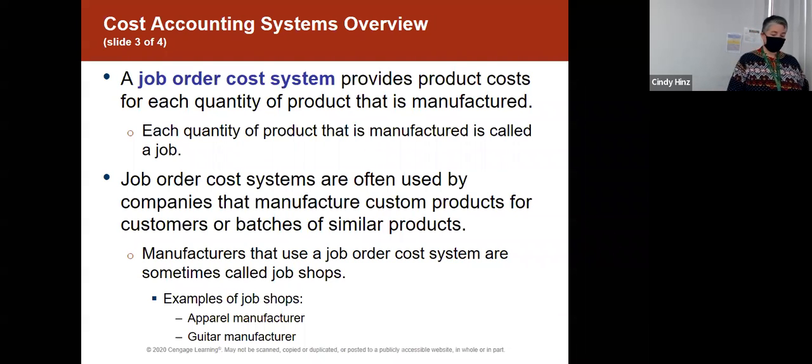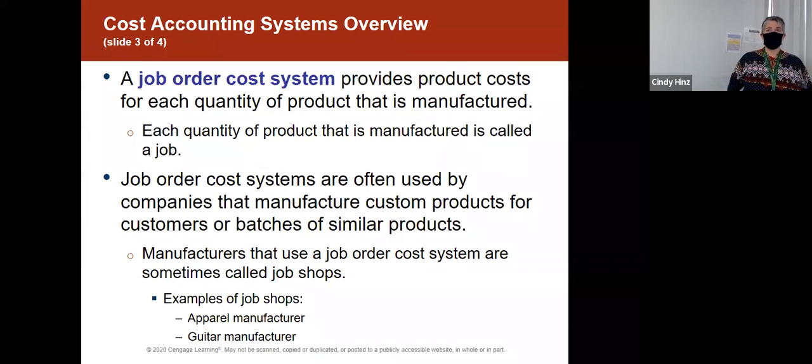We started working on that product, we finished working on that product, and here are the costs that go to that product. Companies that use a job order costing system are generally making a product that's unique, one of a kind, with a clearly defined start and end. They might be custom order. We're not making the same thing over and over and over again.